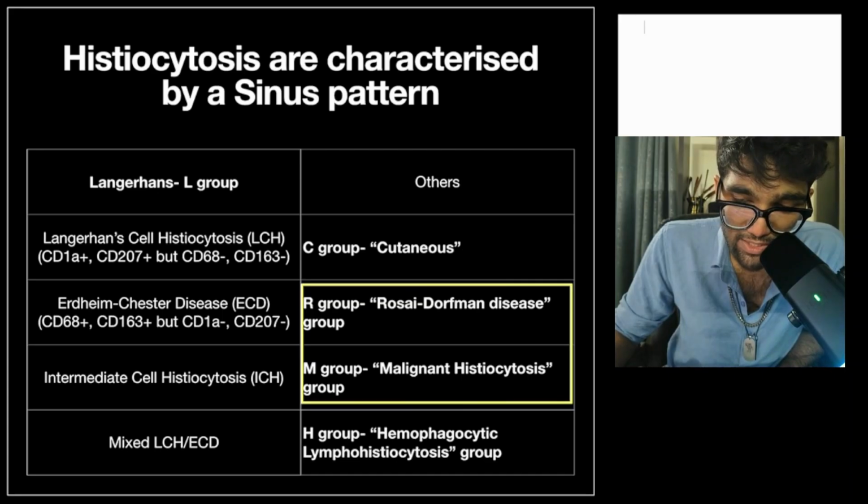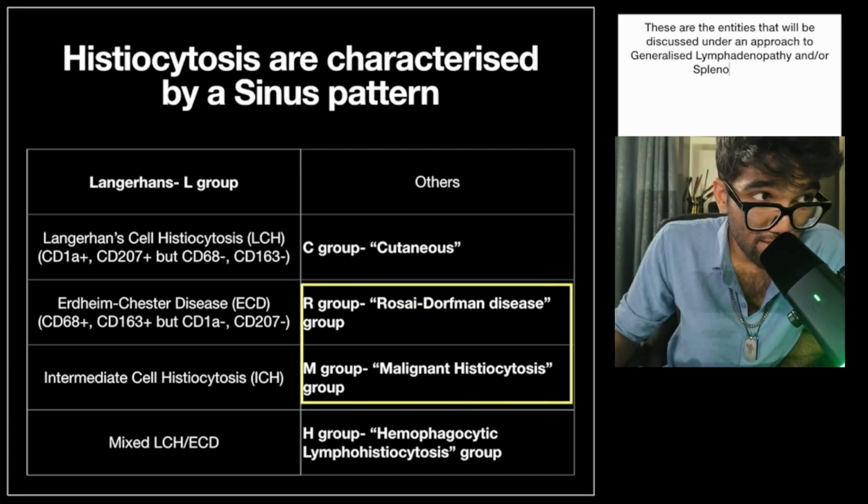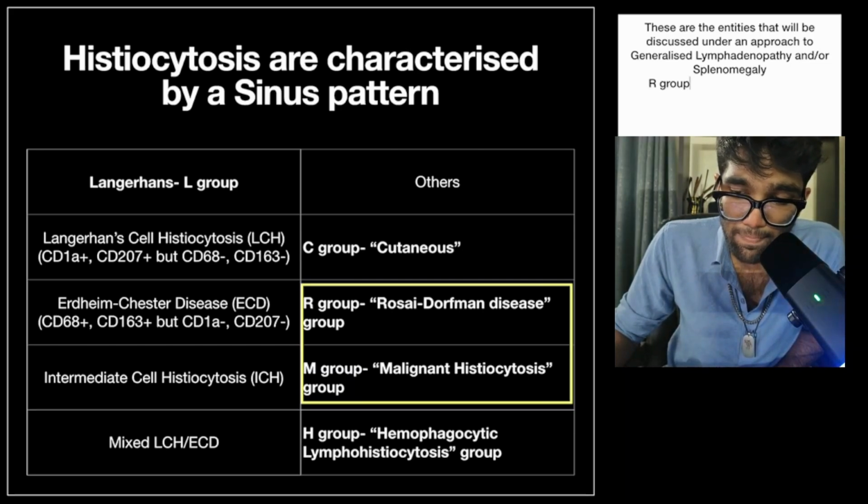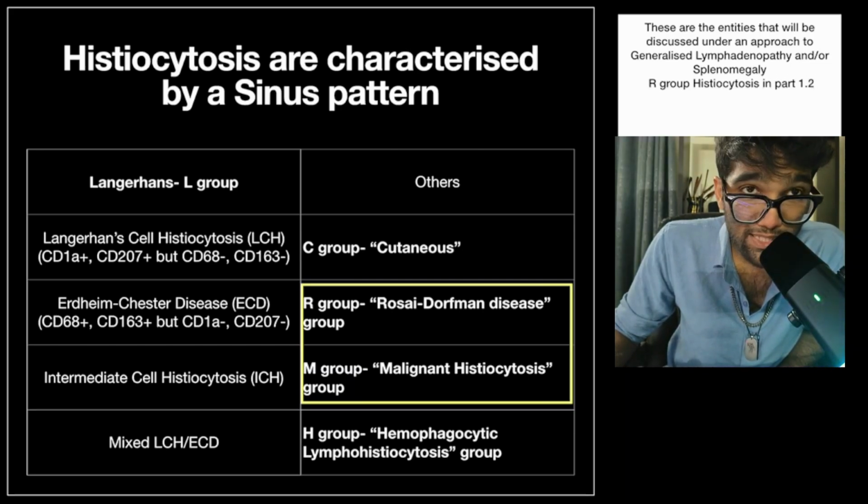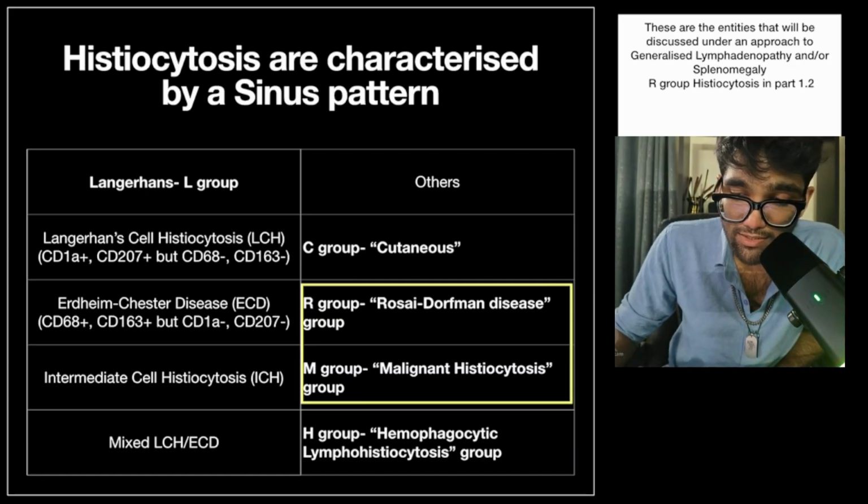So, in this series, these are the entities that I'll be discussing. It would be R group histiocytosis and M group histiocytosis. R group histiocytosis will be discussed in the next discussion in this series, that is part 1.2, this being part 1.1.